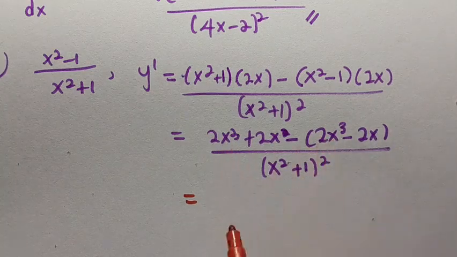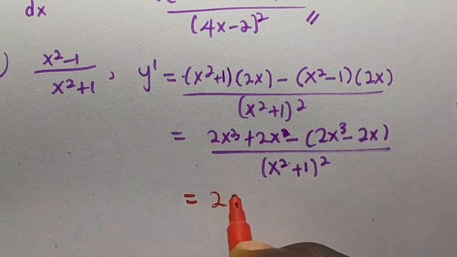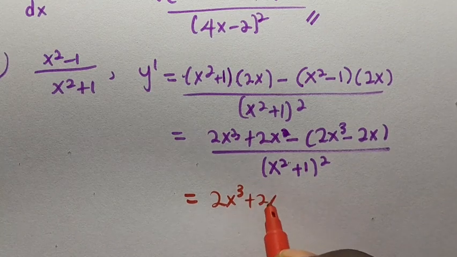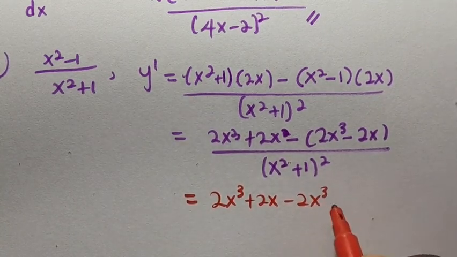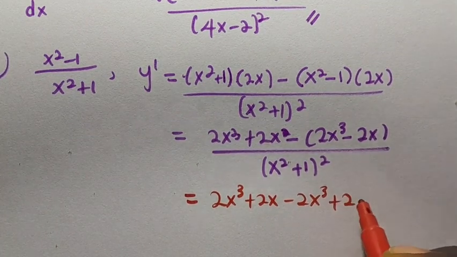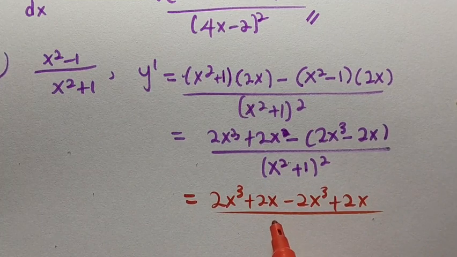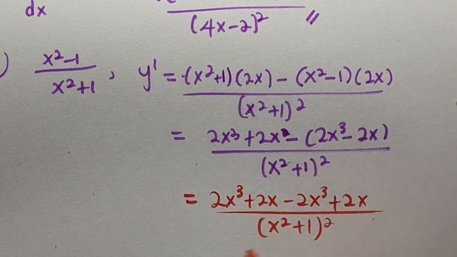So by opening the bracket, we have 2x cube plus 2x minus 2x cube plus 2x all divided by (x squared plus 1) all square.